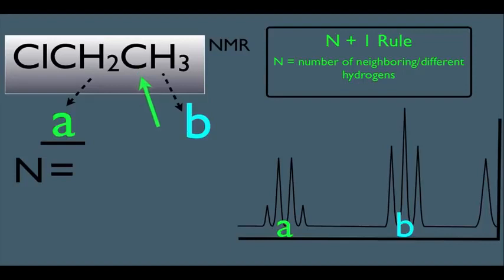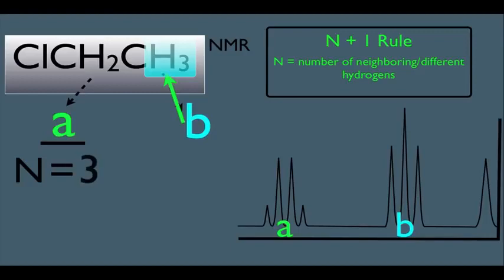And that would mean these hydrogens right here are A's neighboring hydrogens. In other words, simply they live next door to it. So it's the B hydrogens that are A's neighbors, and there are a total of 3 B hydrogens. So the number of neighboring or different hydrogens for A is 3.